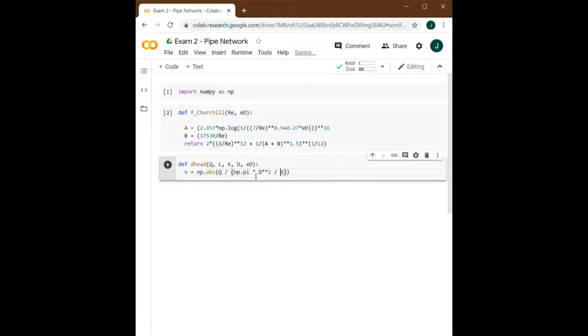All this says is our flow rate divided by our area. Pi d squared over 4 is just the area of a circle, in this case the cross-sectional area of our circular pipe as it goes through.